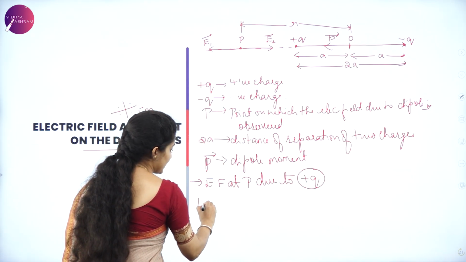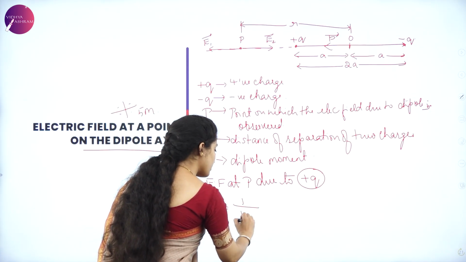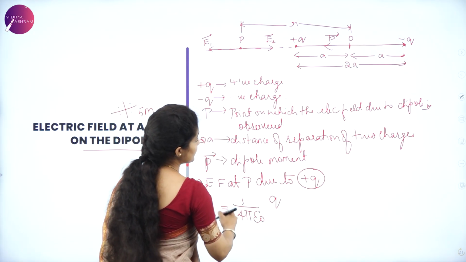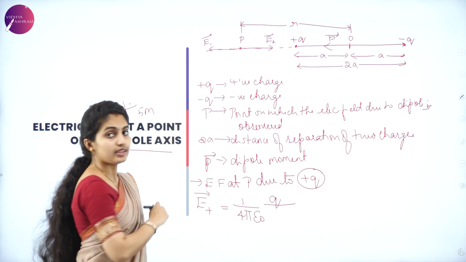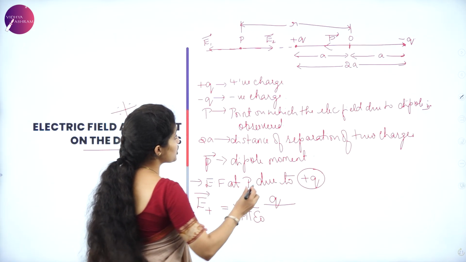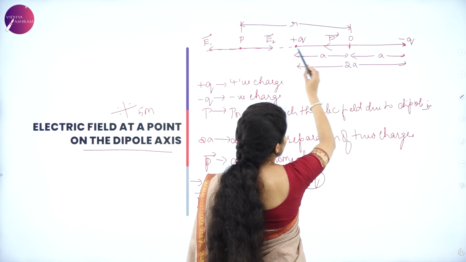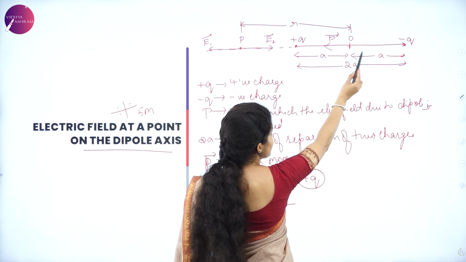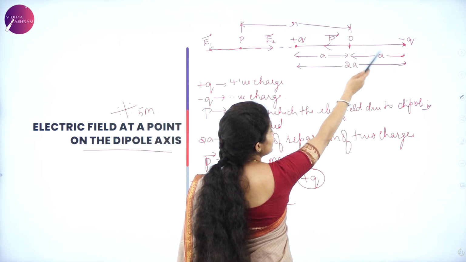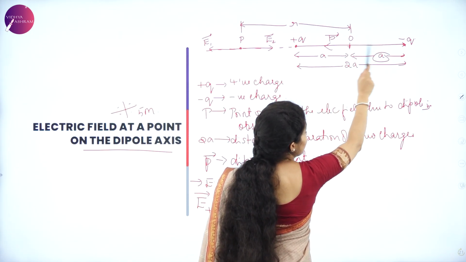So I can give it as E vector plus is equal to 1 by 4 pi epsilon naught, Q, that is plus Q, divided by R square. Usually the general formula is R square, that is the distance between them. So I'm considering from here to here, and you have got 2A, you're minusing 1A from that. So it is R minus A. This complete is nothing but R. You're minusing this A from here.